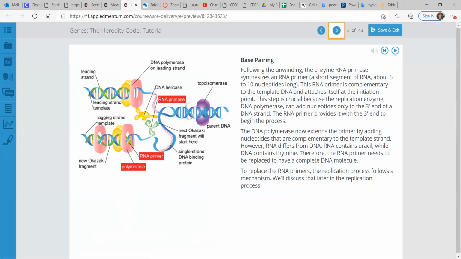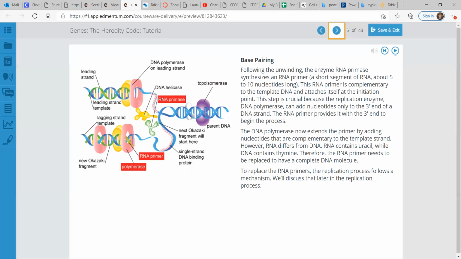This step is crucial because the replication enzyme DNA polymerase can add nucleotides only to the 3' end of a DNA strand. The RNA primer provides it with the 3' end to begin the process.